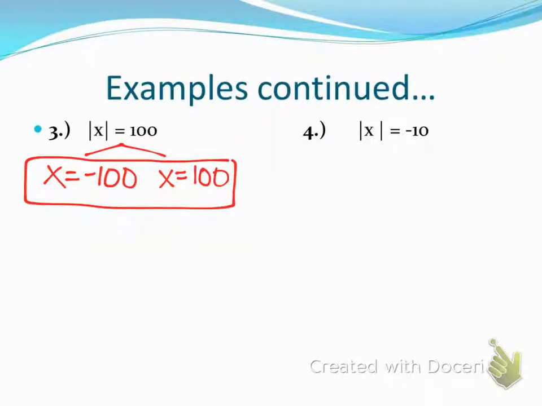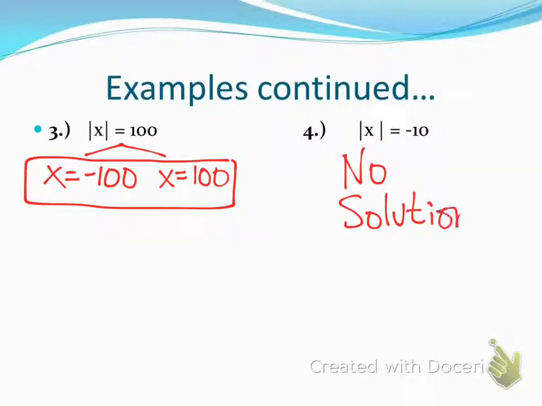Absolute values can never be negative. Absolute values have to be positive. Absolute value is distance. Distance is positive. So if you see the bars all alone and it's set equal to a negative number, your answer is going to be that there is no solution.